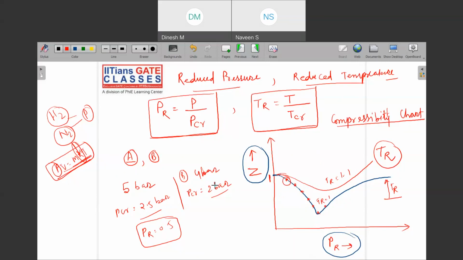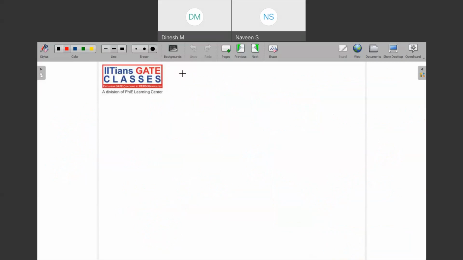So this was about gas laws. And then we have one equation called the van der Waals equation. See what happens in your ideal gas. I have initially told you that two things were neglected.